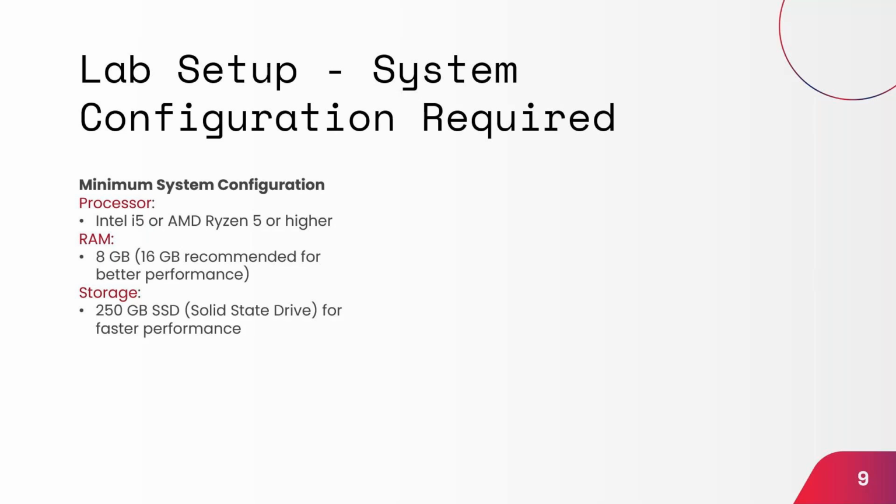Someone may ask, I don't have this minimum configuration, so can I continue learning, or what is the other alternative? No need to worry, guys. If you don't have your own system configuration, we have online labs also, like from TryHackMe and Attack Defense.